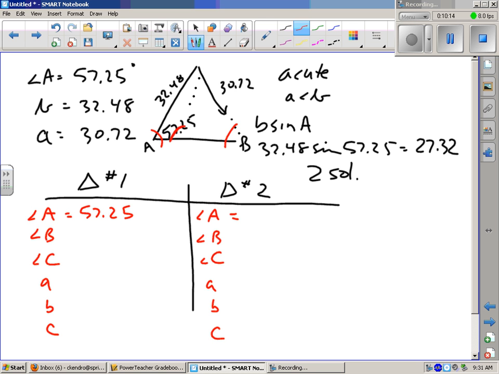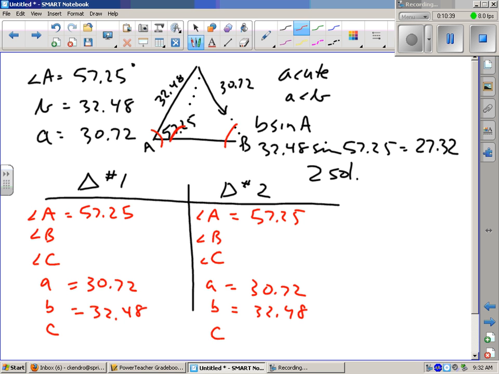It's the constant angle. It's not the one that changes. Angle B we don't know. Angle C we don't know. Little a we know is 30.72 on both. And little b is 32.48.